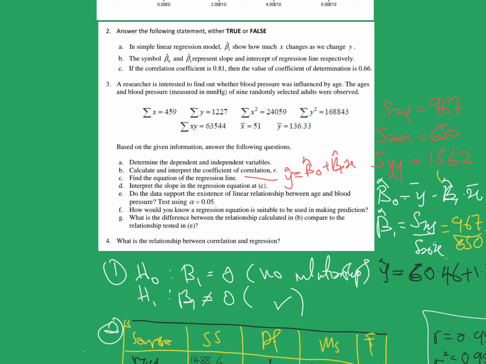So up until this point, we can't really yet say that there's, in general, a relationship between blood pressure and age, or age and blood pressure. Why? Because the restriction of R here is that it can only be applied to the sample. In order for us to generalize the result here, we'll need to first conduct the hypothesis testing.